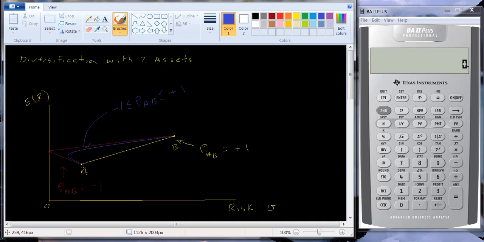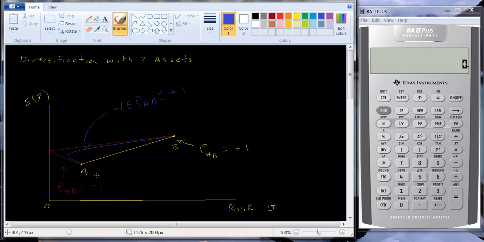You're not going to find securities that are perfectly negatively correlated, but you can find things that are not highly correlated. For example, gold and stocks tend not to be very highly correlated. You'll notice that when the market is bad, the price of gold seems to be going up. And when the market is thriving, the price of gold seems to be going down.